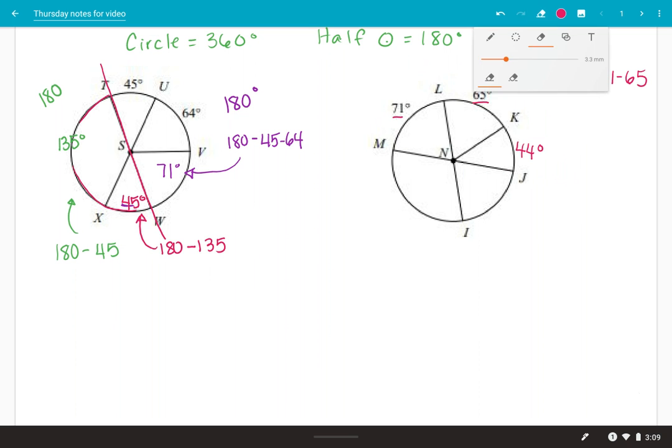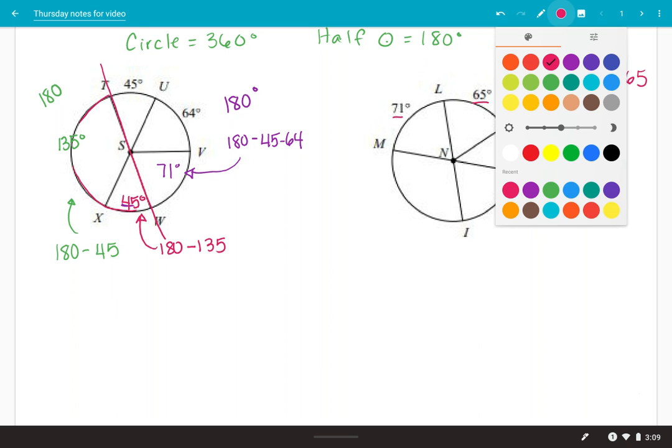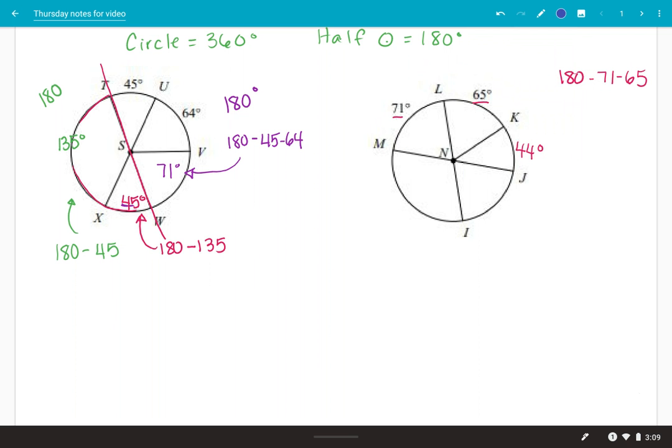And I'm just going to erase a little bit so it makes it a little bit easier to see. If I pick a different color, I can go straight down. And this one's nice because I can also figure out what this one is, and I also can figure out what this one is. So for the one on the right, I can go 180 minus 65 minus 44 to get me that angle. And on the left, I can go 180 minus 71 to get me this one.